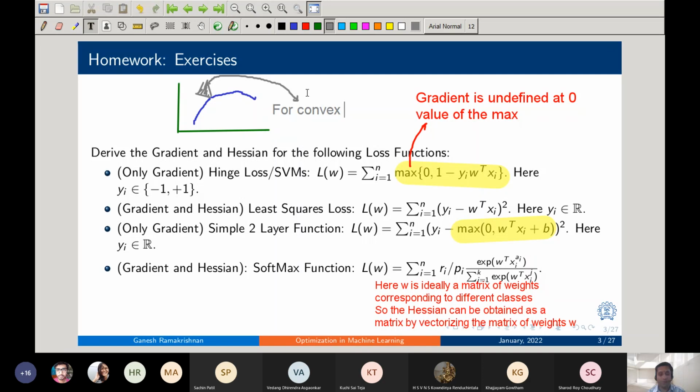I'm sorry, I showed you a concave function. Let me just flip this. I should have shown a convex function. It's true for concave also, but you have something called a supergradient there. So the same idea here.